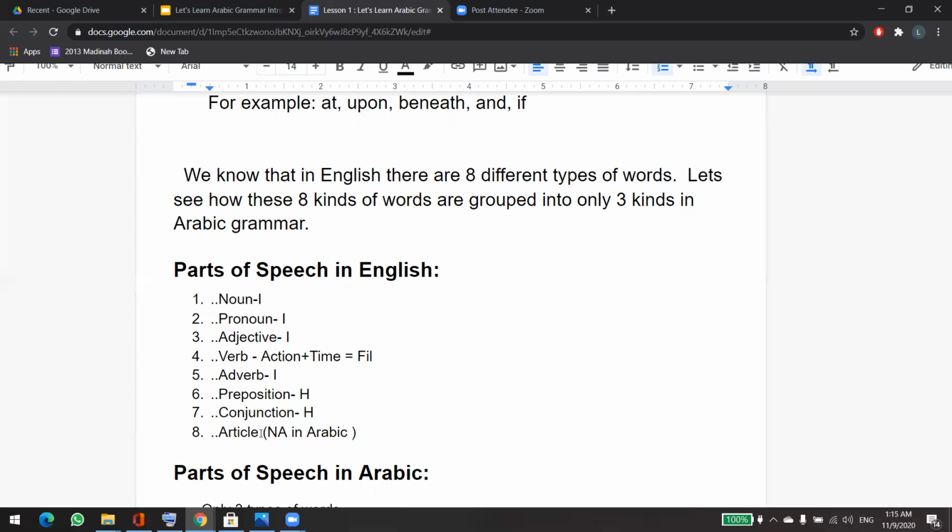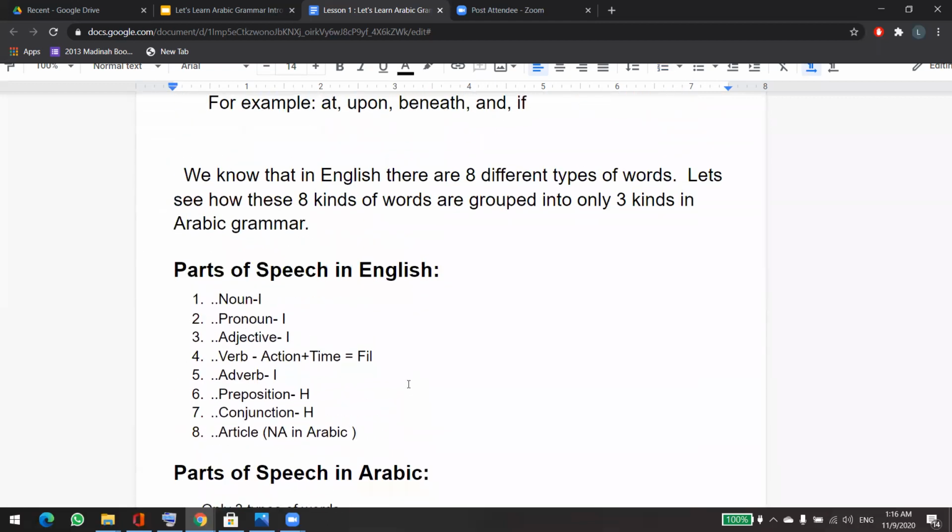The door, al bab, the house, al bayt, right? So the definite article is already with al, and for a and an, we are going to learn inshallah. So there is no separate word for article in Arabic. We just observed different types of words in English and how we can categorize these seven types of words in Arabic.